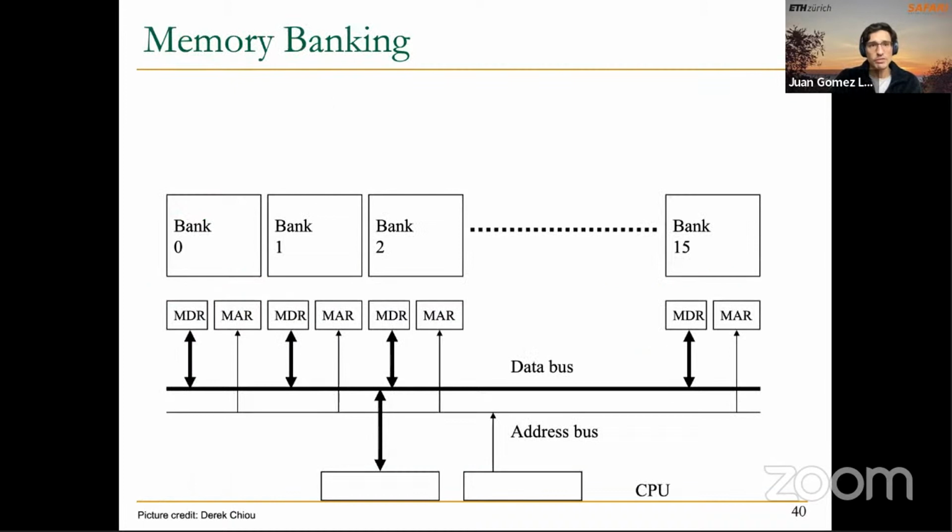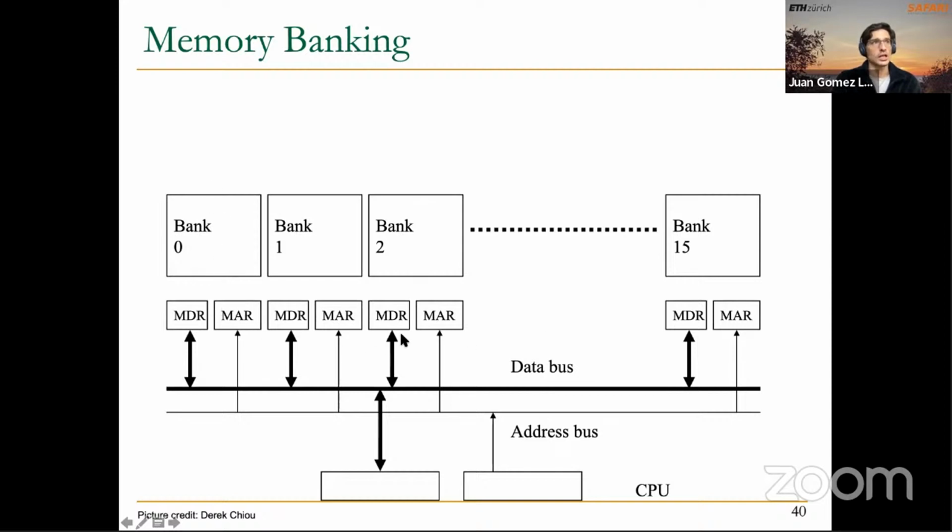Here we have a simplified representation of what would be a banked or interleaved memory. Notice that here we have 16 memory banks, and each memory bank has its own MDR, where we are going to either place the data element that we want to write to bank 0, or store temporarily the element that we read from bank 0, and the MAR is where we put the address that we want to access.